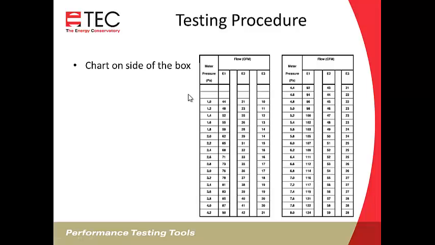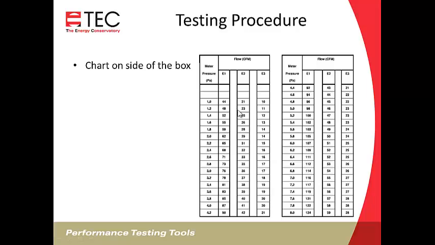So there's a chart that has one column for pressures, so this is the pressure you're reading off of the gauge, and then depending on whether you're set to E1, E2, or E3, you'll see the flow there. So if we're at 1 Pascal and we're set to the open position, E1, it'll be 44 CFM. If we have the gate set to E2, it'll be 21.